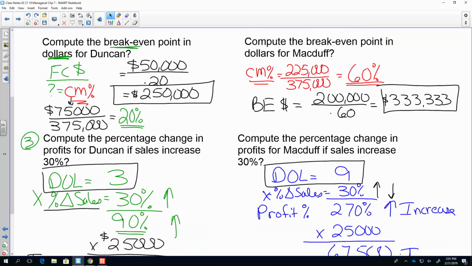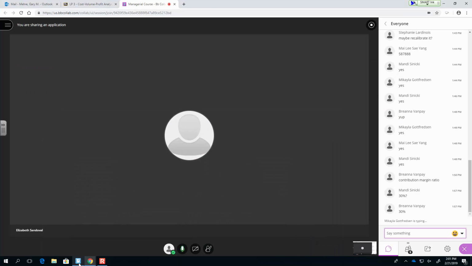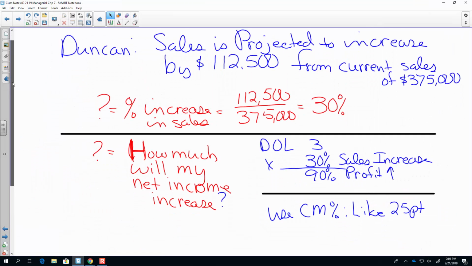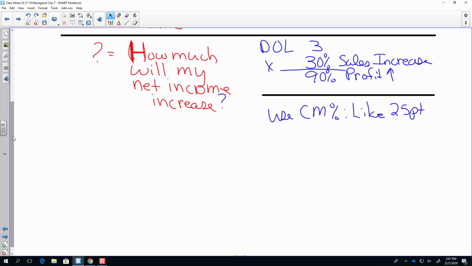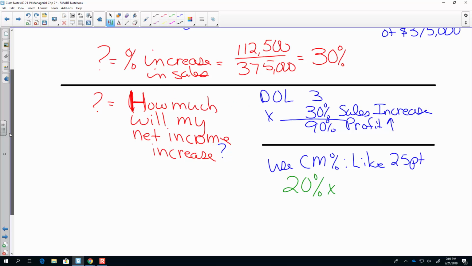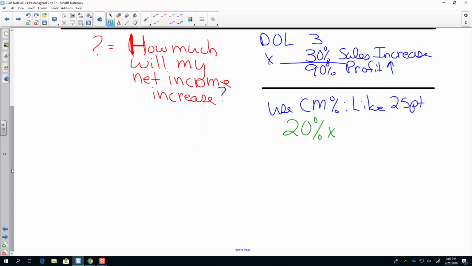Margin percent for Duncan is 20, right? 20, guys. Yes, Michaela, awesome. So I'm going to use that 20% times the dollar increase, which was 112,500. 112.5. Very good, Allison.